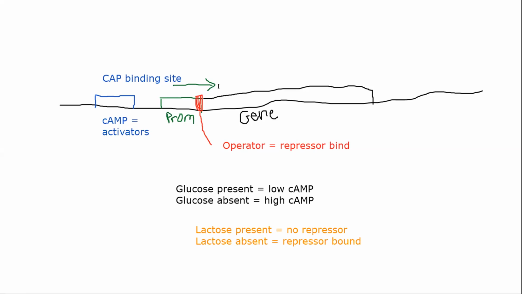So if glucose is present, it doesn't matter whether or not the repressor's in place. You're not going to get transcription turned on very well unless you have that activator there. So when glucose is gone, we have an activator. It's going to say, hey, I'm starving here, I don't have any glucose, I need you to find another food source. And that's when it goes, okay, let's start breaking down lactose.